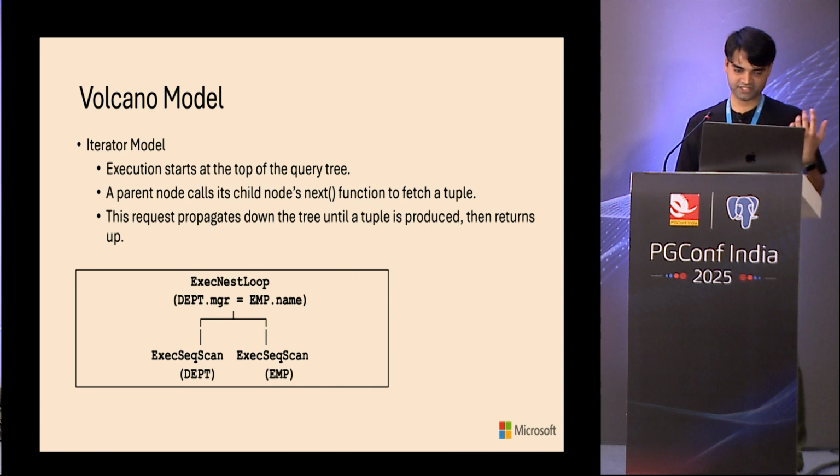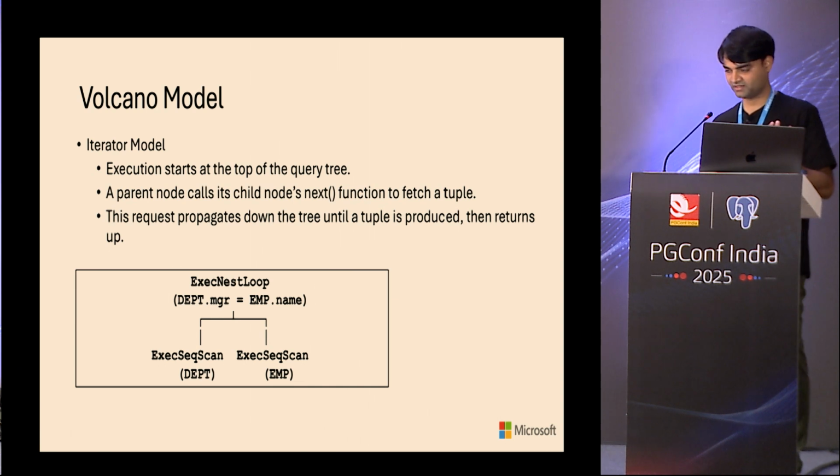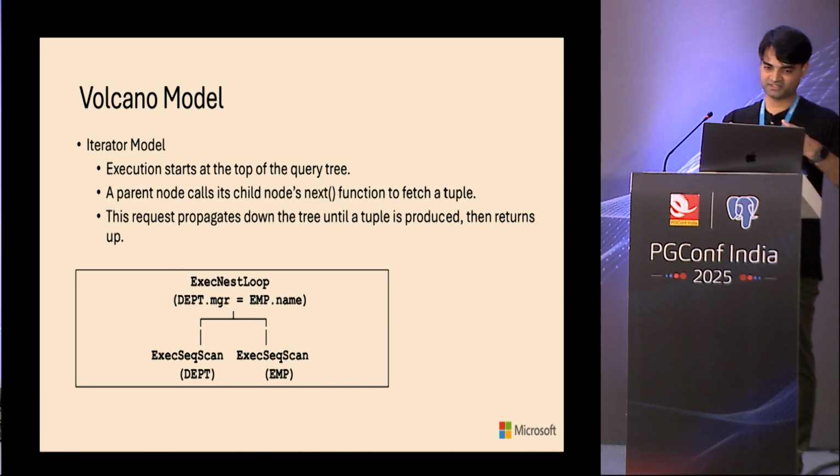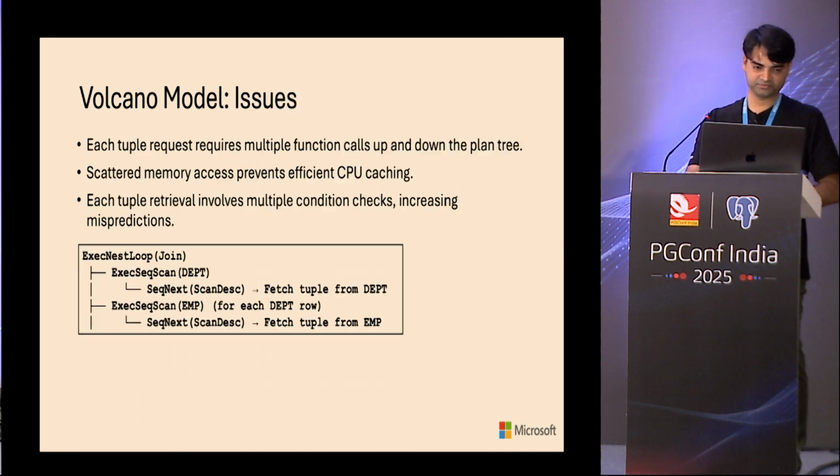So it will call the first sequential scan and then the second sequential scan, and the tuples that are read by the sequential scan will then bubble up. You can see that you have to call many functions. This is a very simple query plan, but for complex plans, it can mean that you're walking up and down the tree many times.